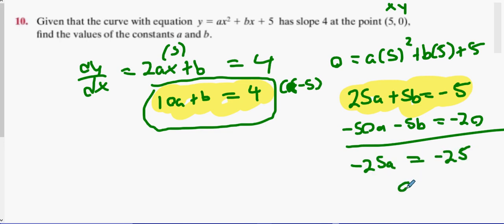A equals? Yep. And if A equals 1, what does that mean for B? Bring the 10 over to your side. B is minus 6, yeah.